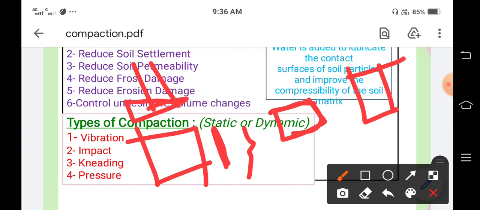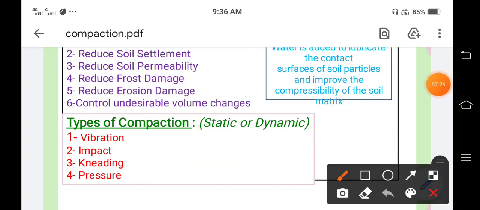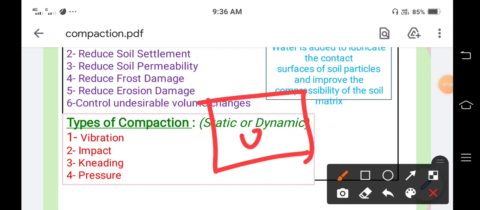And the next one is to reduce the permeability. Due to the application of more load, the air goes on reducing, meaning the voids present in the soil mass also go on reducing, so the area available for water flow also goes on reducing. Let us once again consider: this is our soil mass, which contains voids, or a number of gaps.